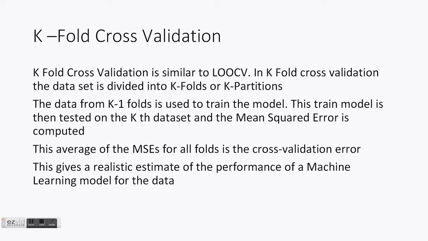And for each of these models, you will compute the test error or the cross validation error, which is really the mean square error, and you will average out this mean square error for all the k combinations, and that will give you a realistic estimate of the performance of the machine learning model.